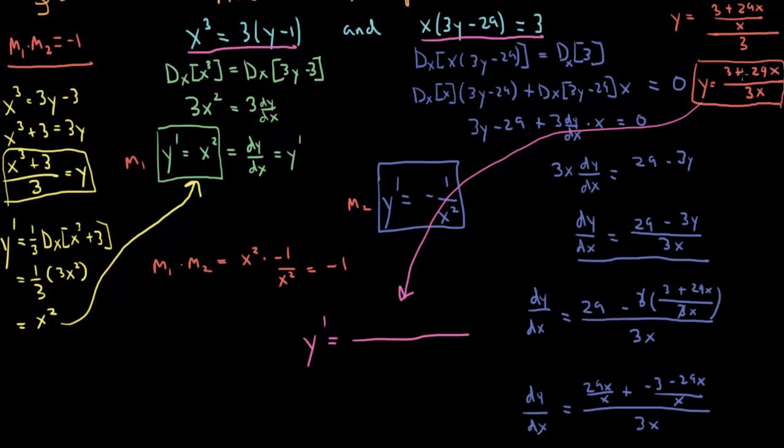Now it's the derivative of the top. The derivative of the top, again, we're just dealing with x's here, so it's 3 plus 29 times the bottom, which is 3x, minus the derivative of the bottom, which is 3x, times the top, which is 3 plus 29x.